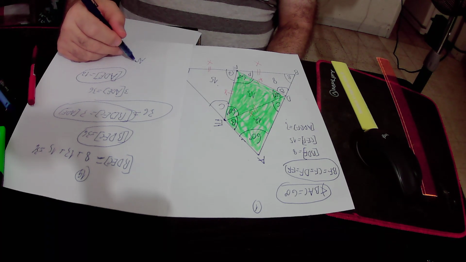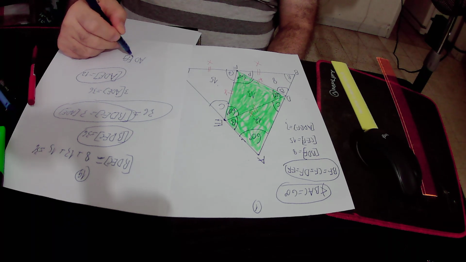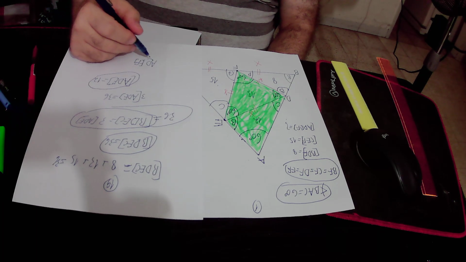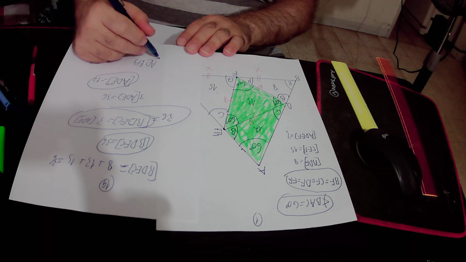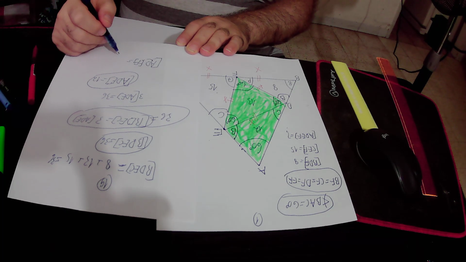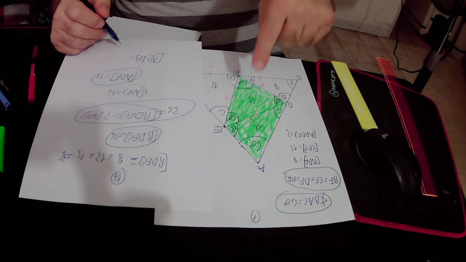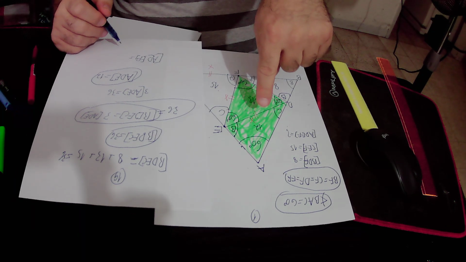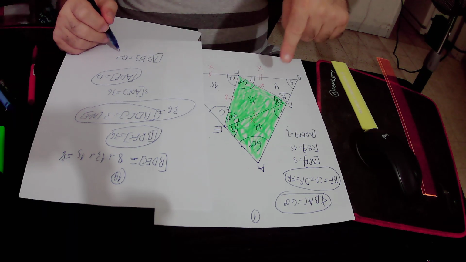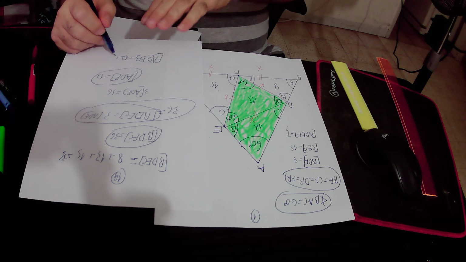The area of quadrilateral ADEF equals the area of triangle ADE, that is 12 square units, plus the area of triangle DFE, that is 13 square units.